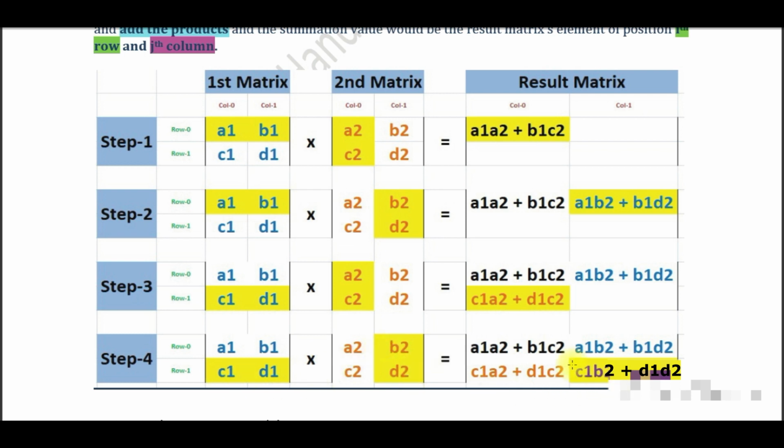So you can see c1 b2 plus d1 d2. Once I get this calculated value, it will be in the 1 1 position, right? So if we follow these four steps, then we can easily calculate the result matrix values.